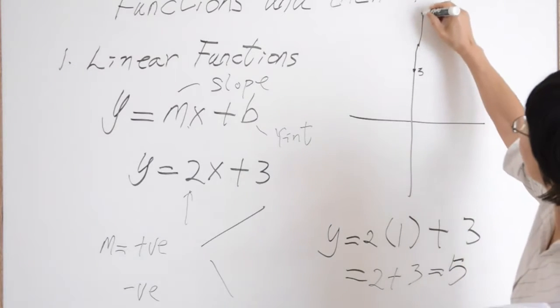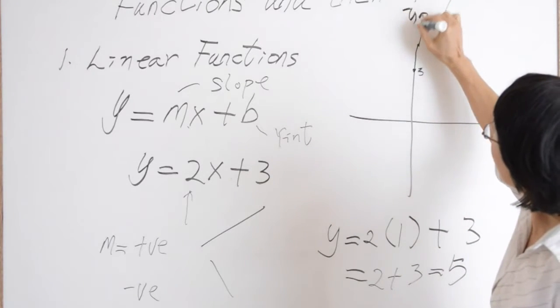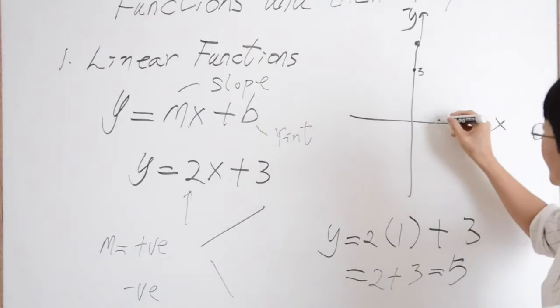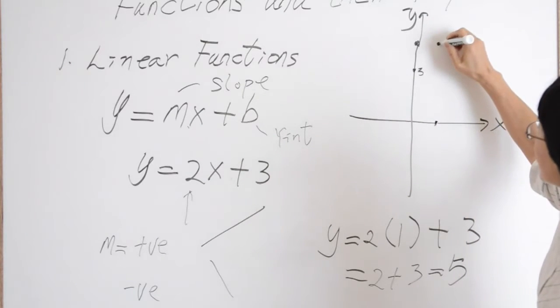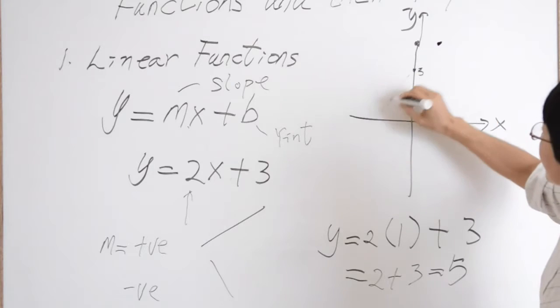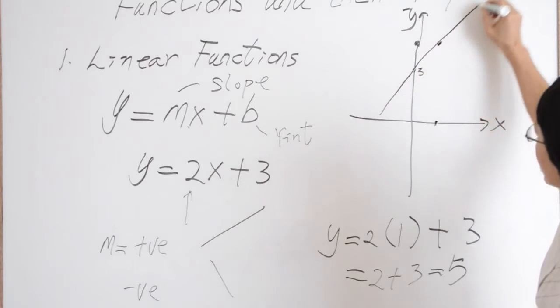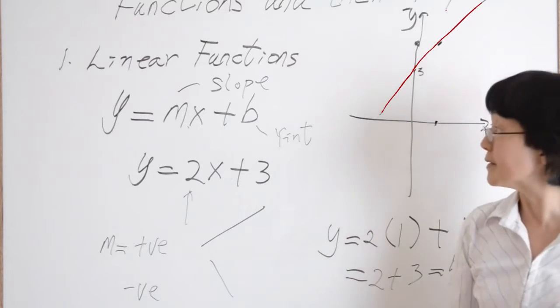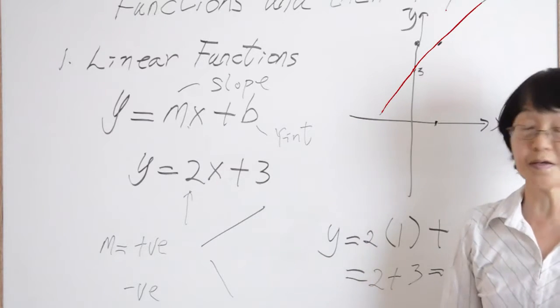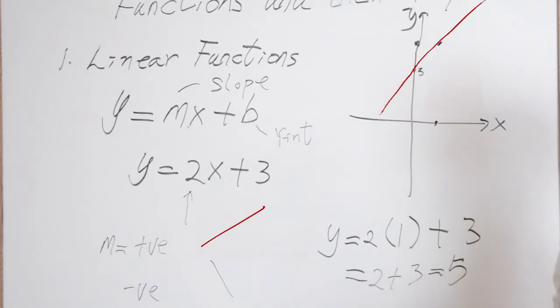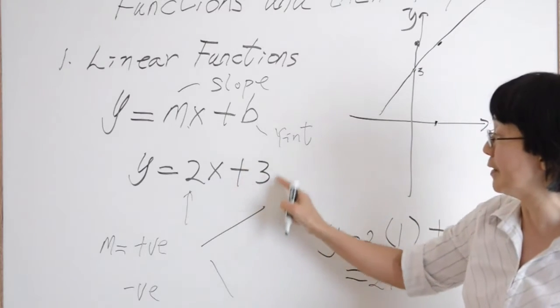So this is your y and this is your x, and x = 1, y = 5 should be here. So your line should be like that. That's a linear graph. It's so easy, right? You only need to find 2 points, and one of the points is already given by the intercept.